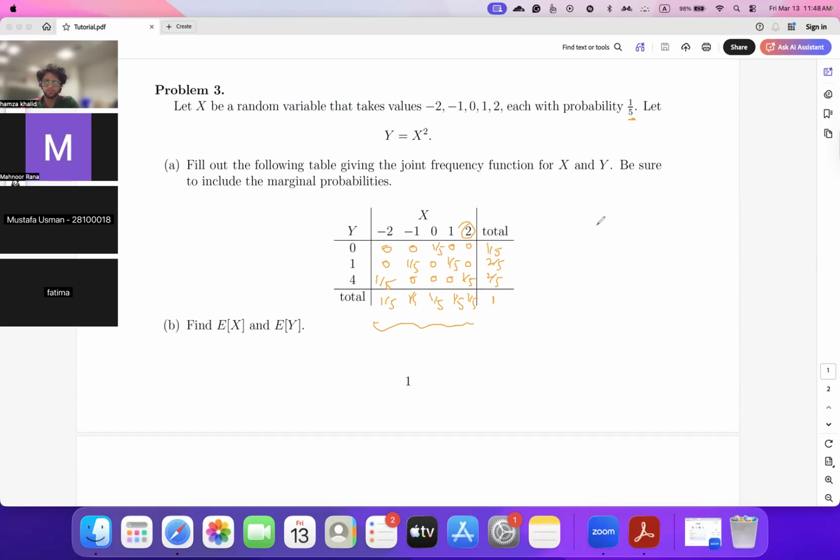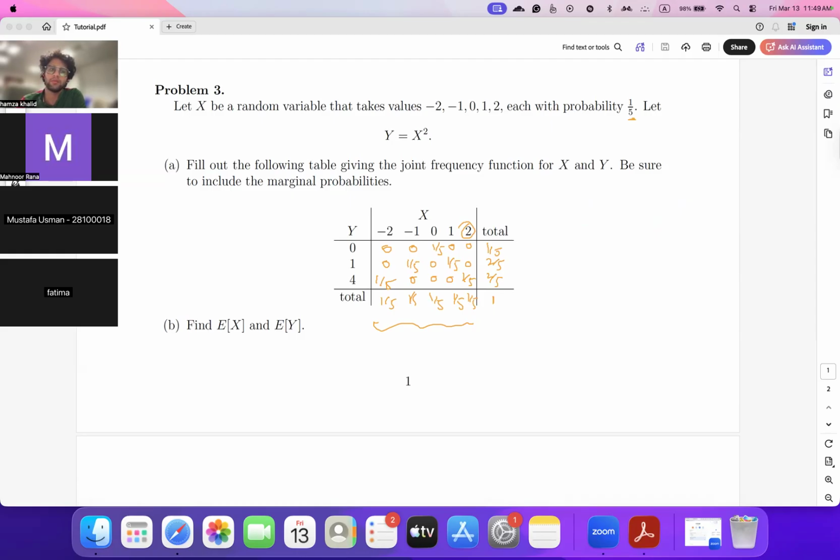The idea is this. You have a joint probability density function, and from this I want to construct the singular probability distribution. How do I get that?